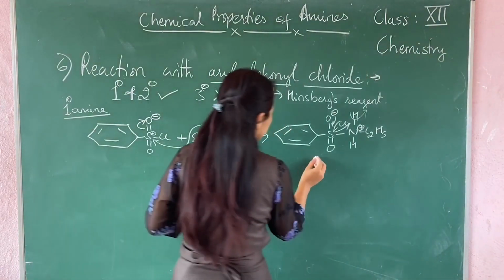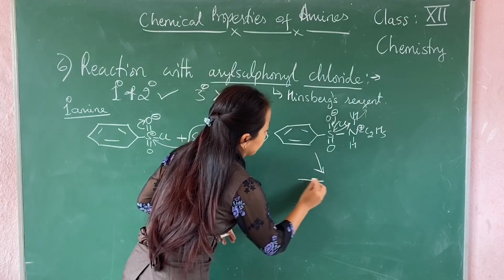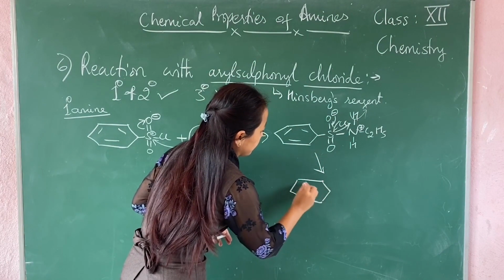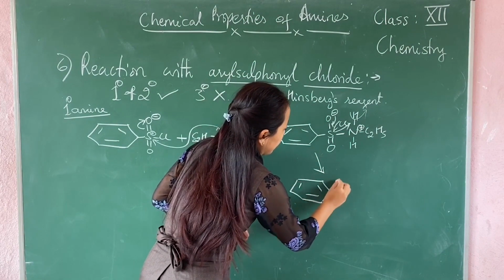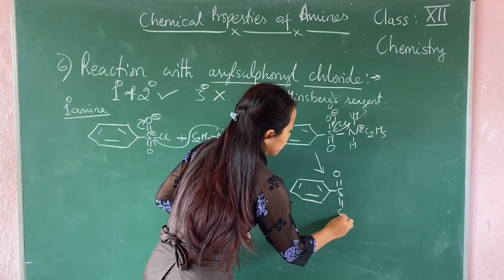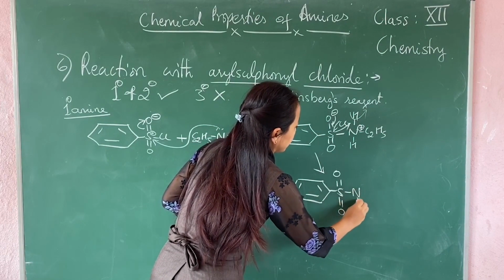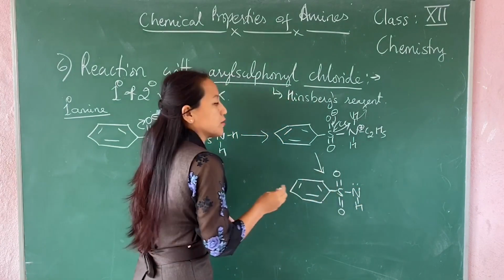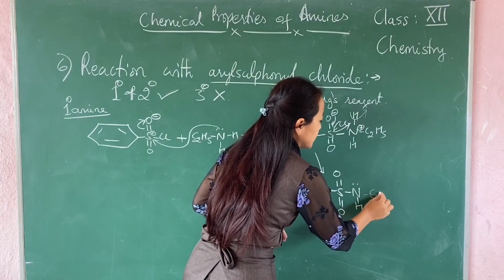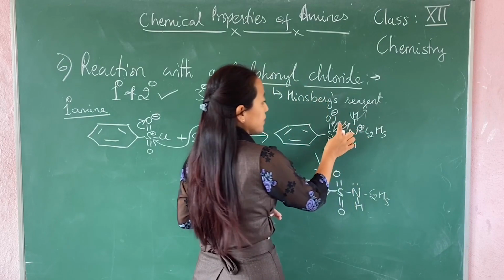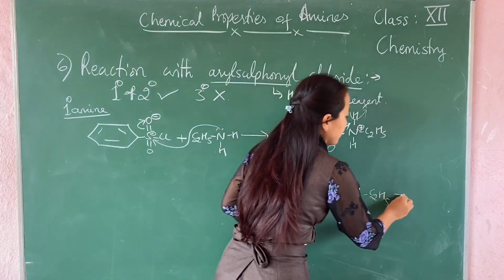And the product formed will be S double bond O, and N, H, lone pair of electrons is back, and then your ethyl group C2H5, and these two will react with one another and form HCl.